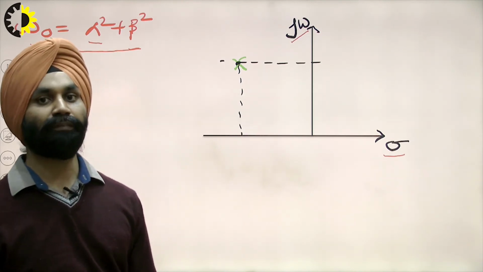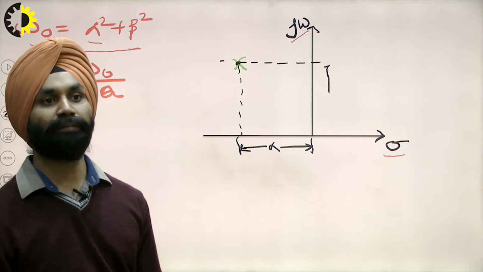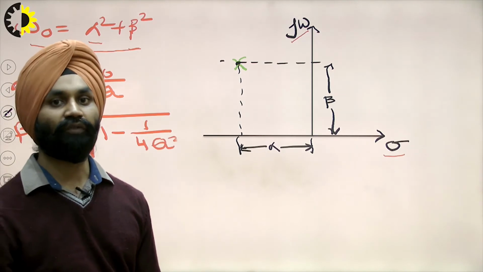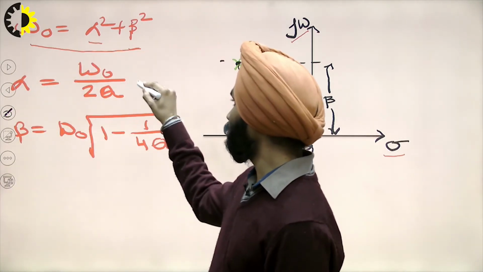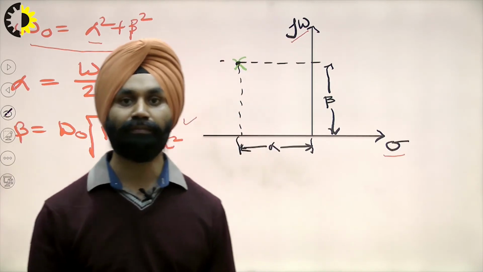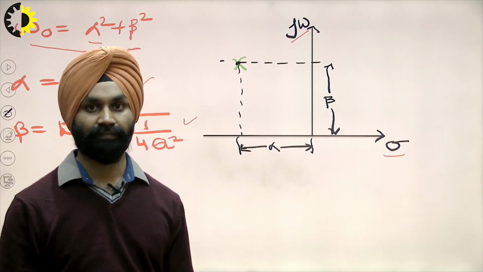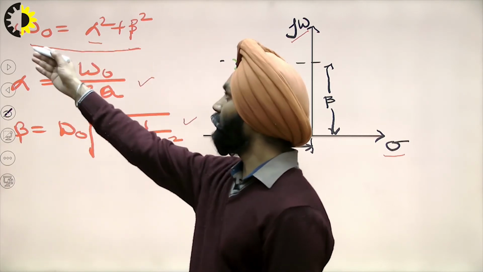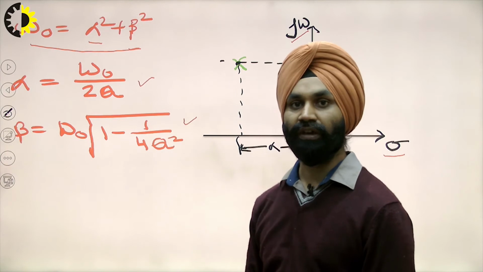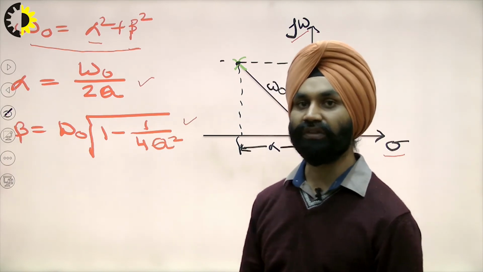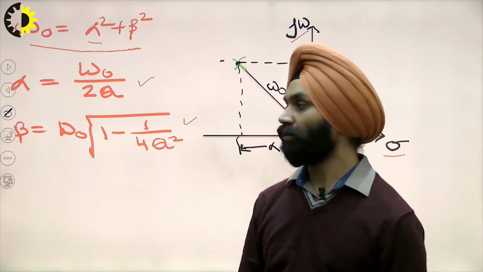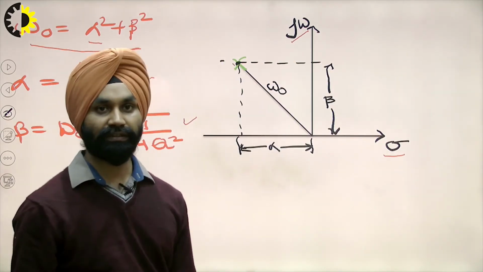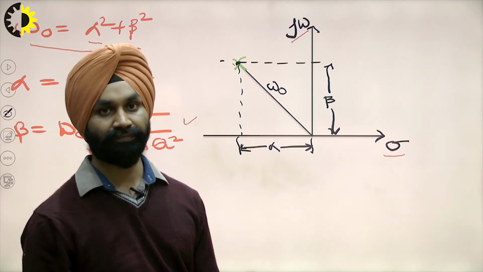Let us suppose for a particular alpha and a particular beta, we have this pole marked by green color, where alpha and beta are given by the equations we have derived in the previous slide. Also, as omega naught square is equal to alpha square plus beta square, omega naught will be the radius of this circle, the locus. So, omega naught will be the distance from the origin to the pole.